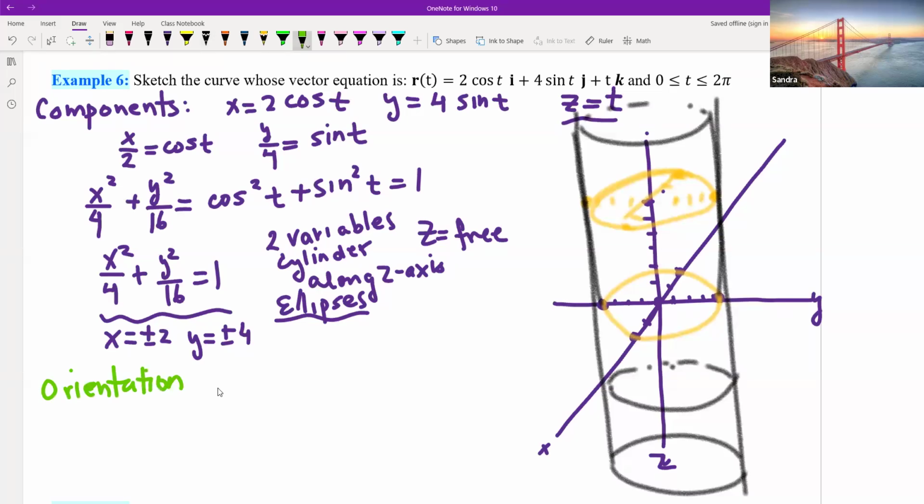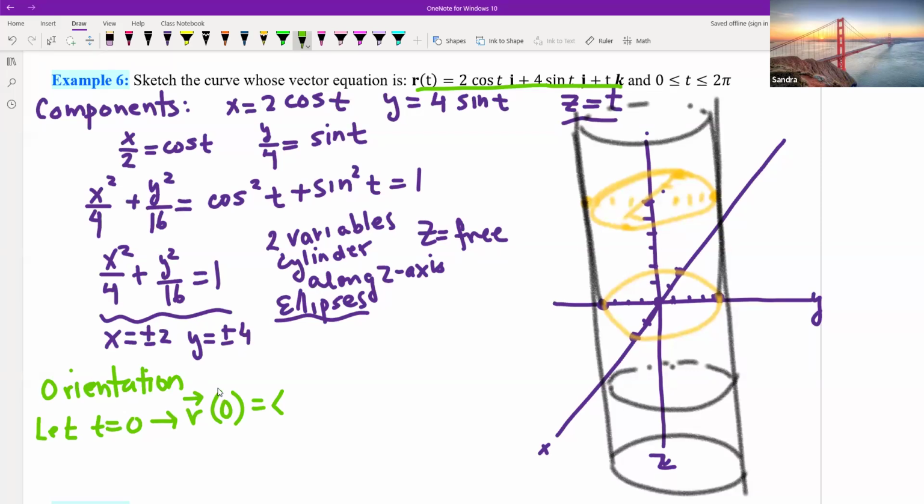For the orientation, we're gonna let t be equal to 0. If t is equal to 0, I'm gonna put it into the vector function. So we're gonna put it in here. And so cosine of 0 will be 1.